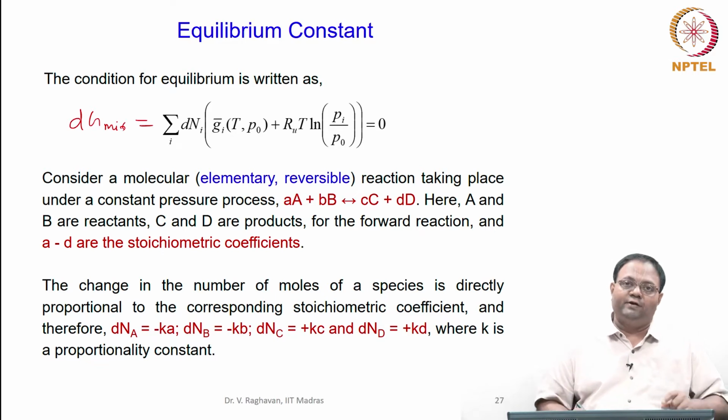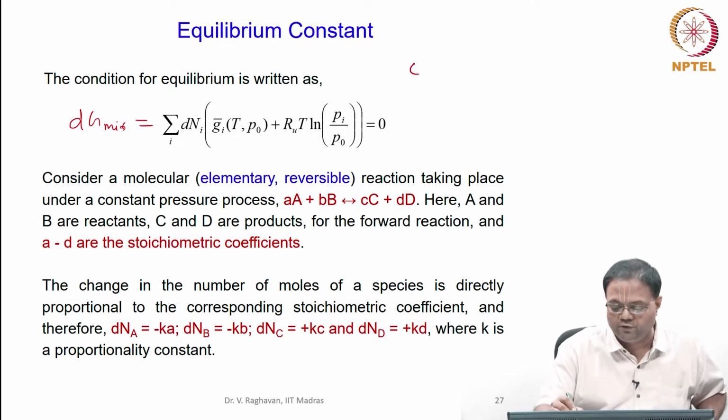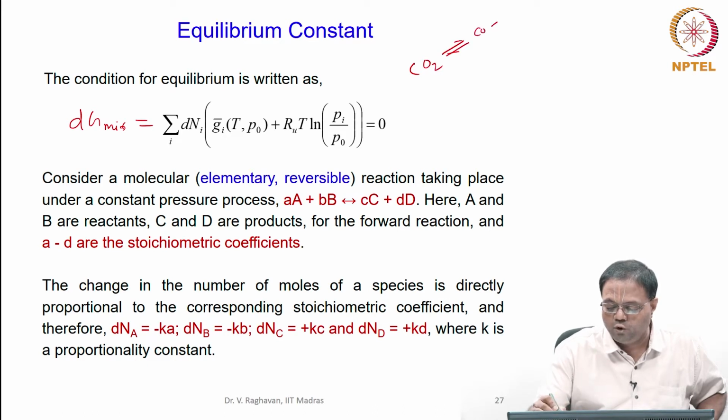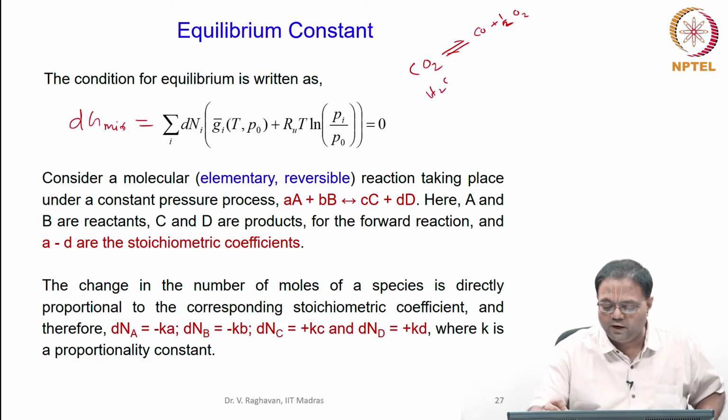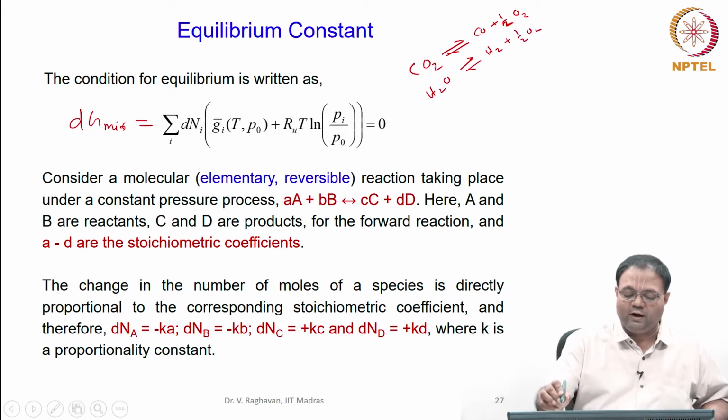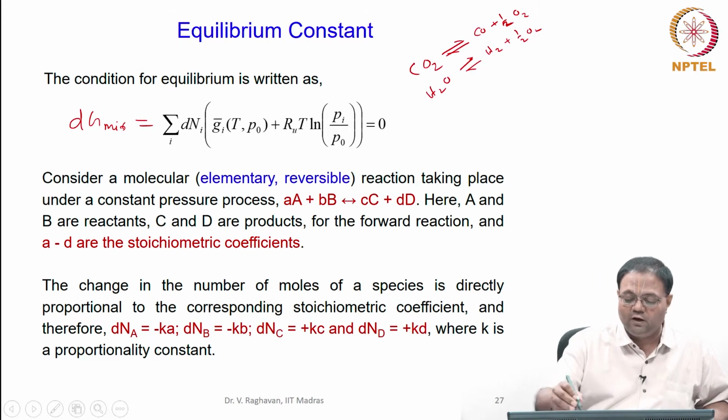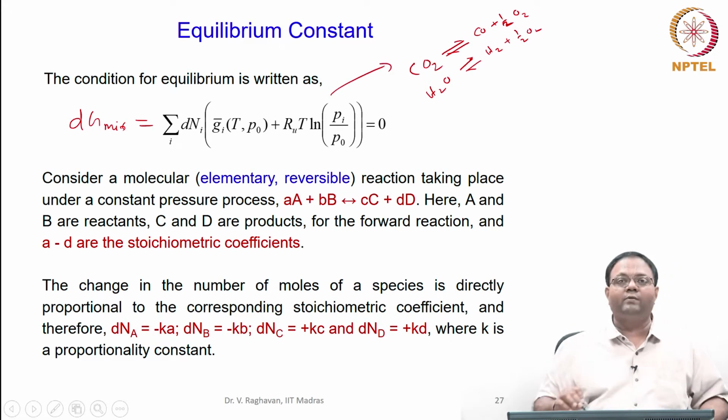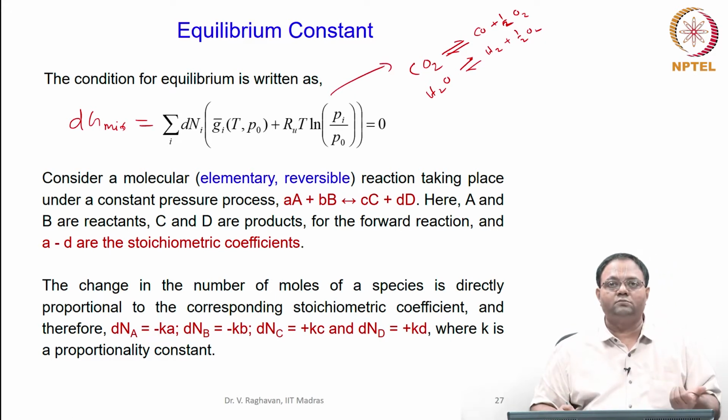For example, when I said equilibrium reactions, I considered CO2 giving CO plus half O2. Similarly, H2O, or H2 plus half O2. These are all equilibrium reactions, so I have to apply this condition to the equilibrium reaction to get the equilibrium products.